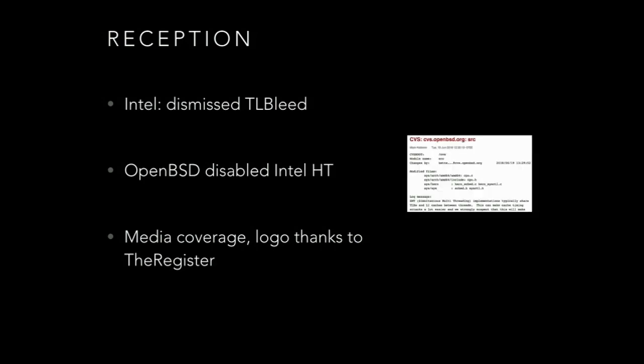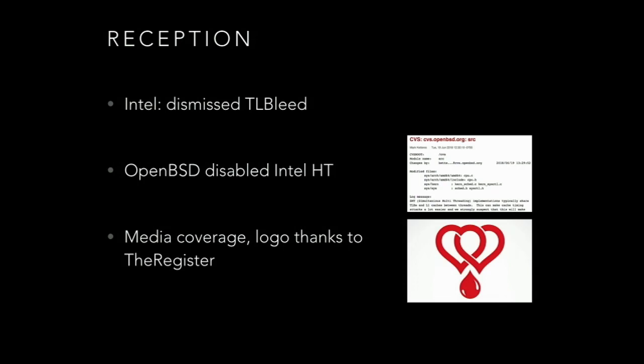Okay. OpenBSD disabled hyperthreading because of this, at least by default on Intel. They committed this a couple of months ago, because they could see this risk and related risks to the TLB and page translation, which is what made them decide to finally disable hyperthreading by default. As a result, there was lots of media coverage.